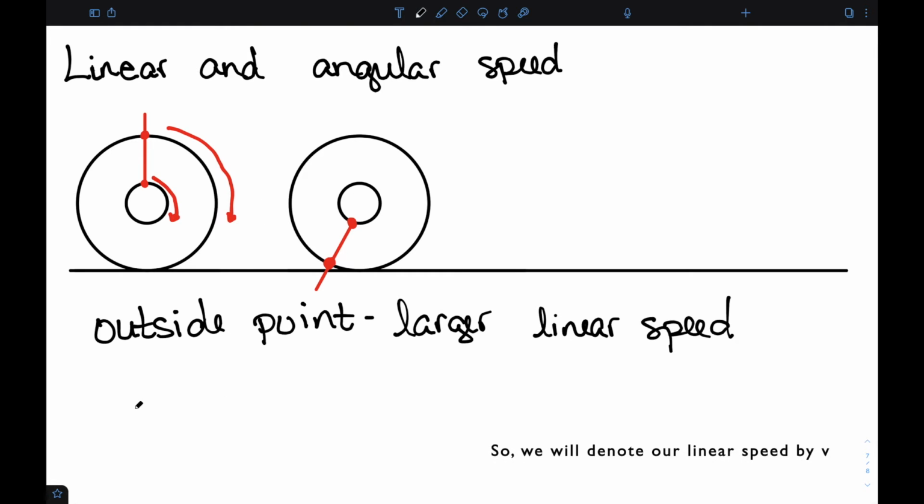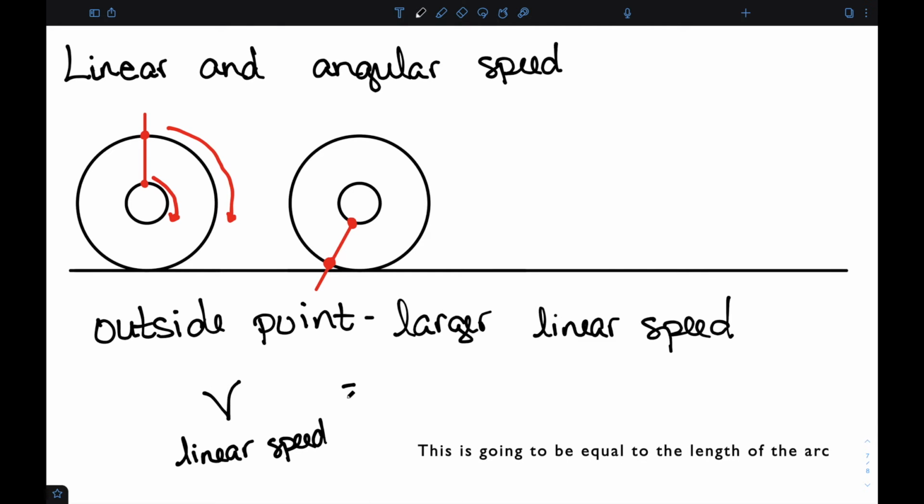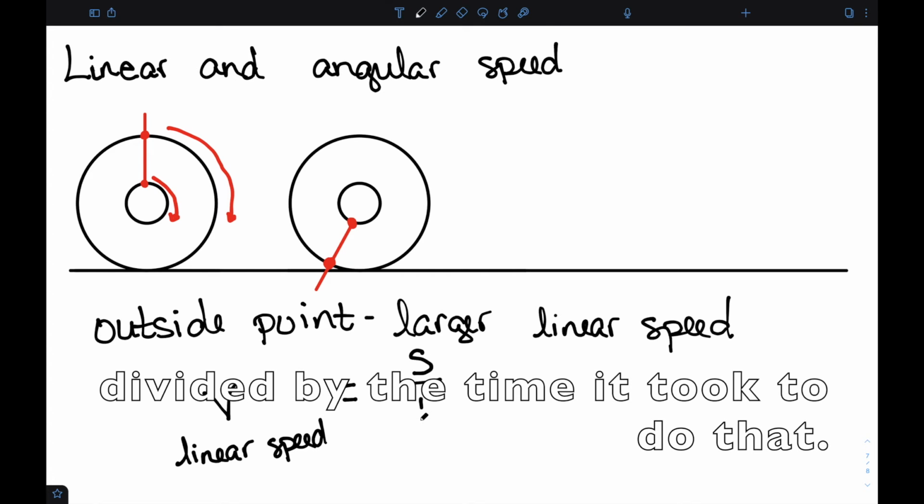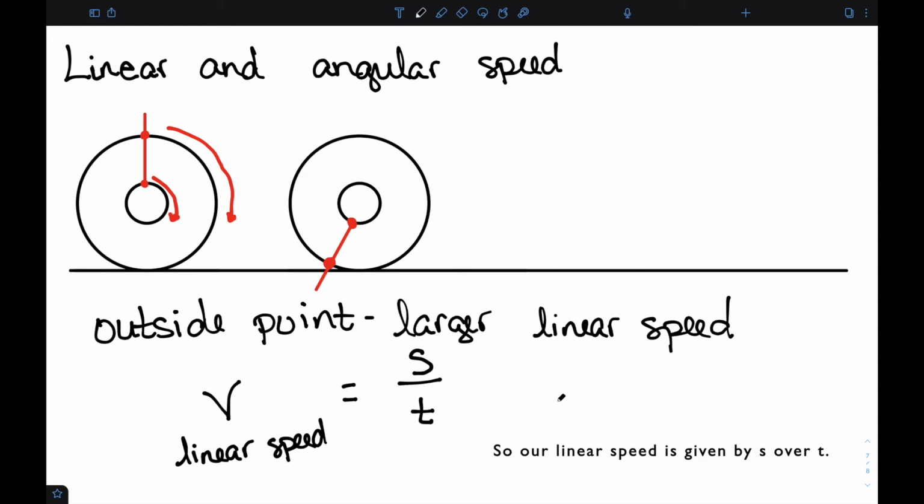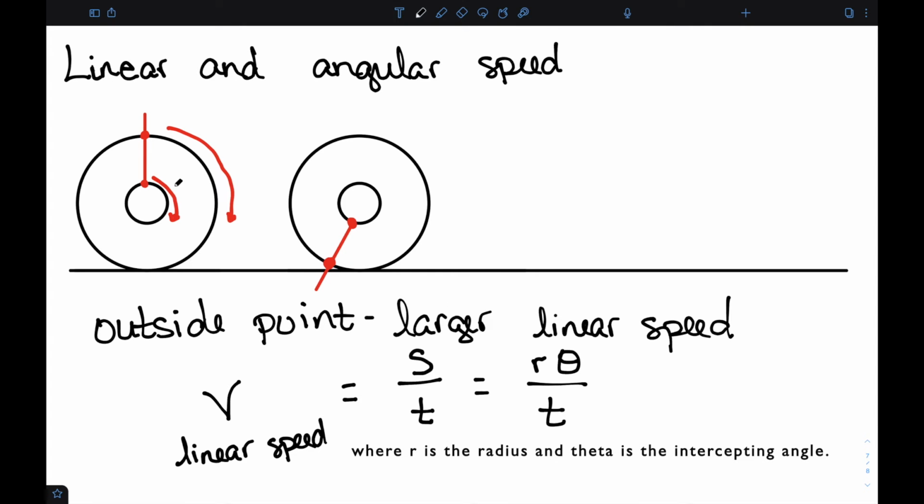So we'll denote our linear speed by v, and this is going to be equal to the length of the arc divided by the time it took to do that. So our linear speed is given by s over t. We know that s is r theta, so we could also write this as r theta over t, where r is the radius and theta would be my intercepting angle.